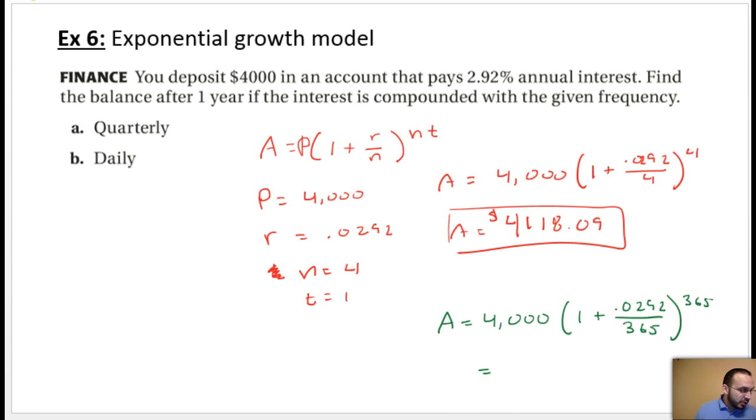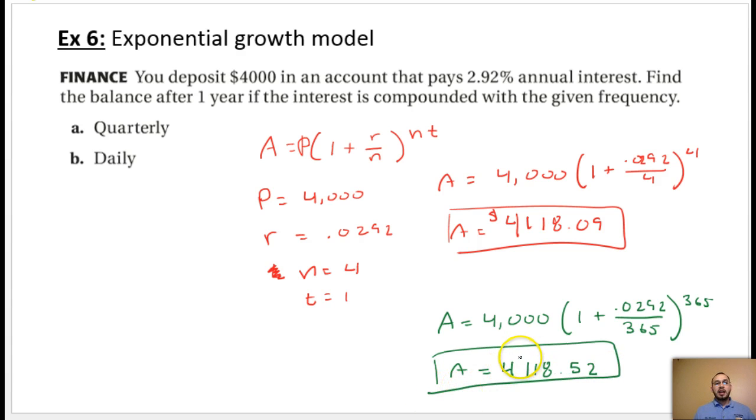When we work that out, we end up with approximately $4,118.52. So it makes sense, since we're compounding over the time span of 1 year, we'll approximate pretty much the same thing. We're just up by a few more cents.